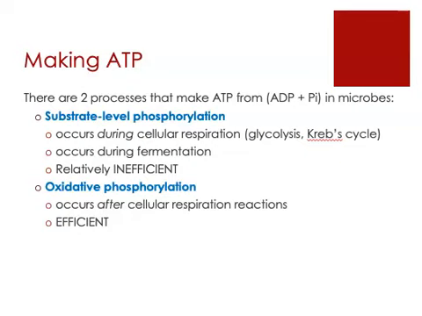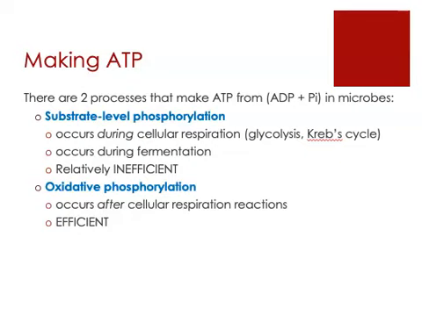There's another set of reactions during cellular respiration called the Krebs cycle, and a little bit of ATP gets made during the Krebs cycle using this mechanism of substrate level phosphorylation. We also see substrate level phosphorylation occurring during fermentation. So it happens all over the place during these metabolic reactions.